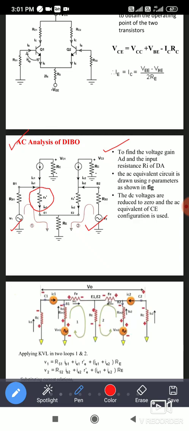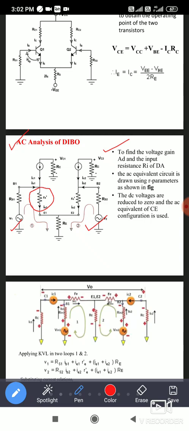So here what we did: the AC sources are kept as they are, DC sources made equal to 0, and transistors replaced by their internal resistance Re dash. We do the AC analysis to find the expression of voltage gain AD and the expression of input resistance Ri.